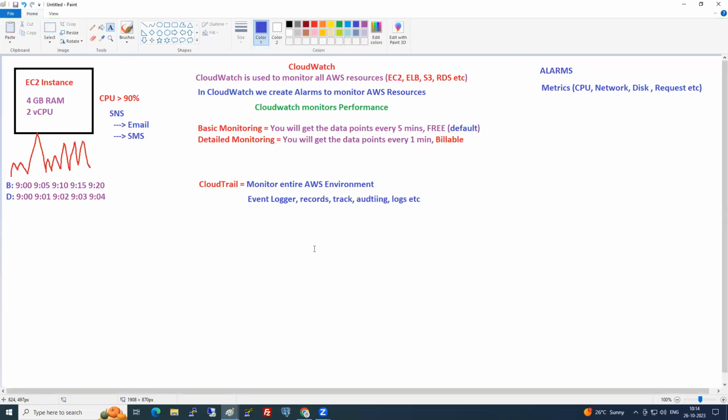Let me give an example. Guys, you're all working in my account. Someone deleted, terminated my EC2 instance. Now I ask, hey, who terminated the EC2 instance?